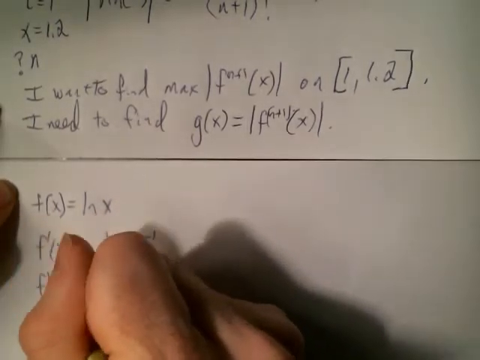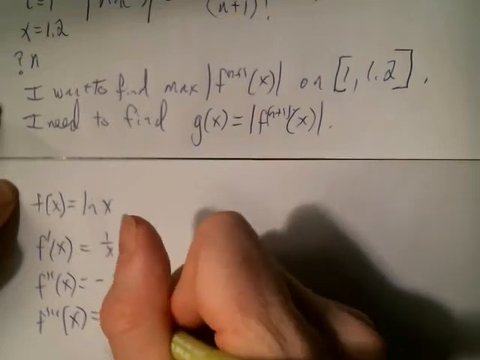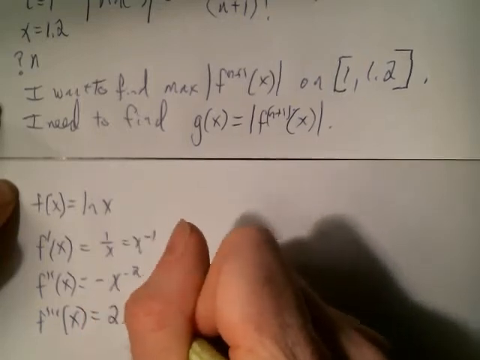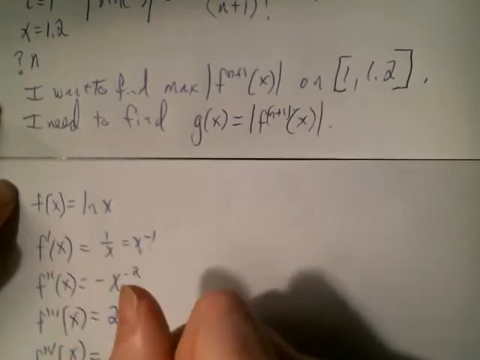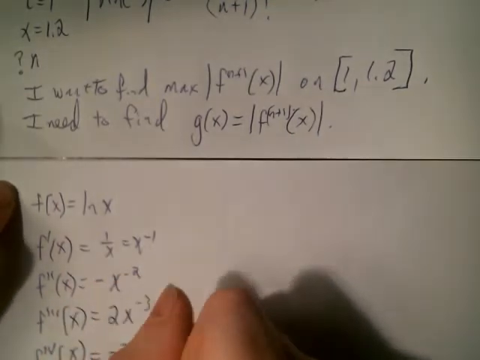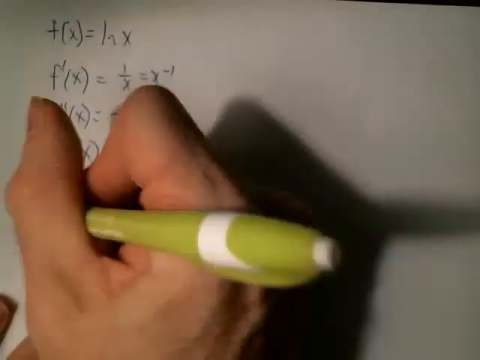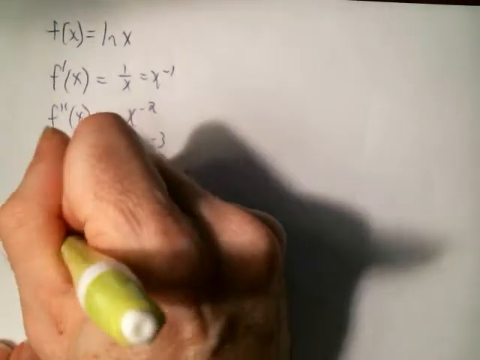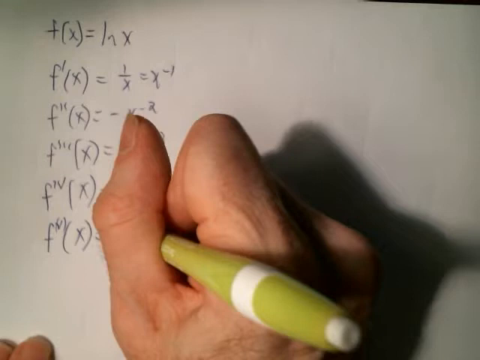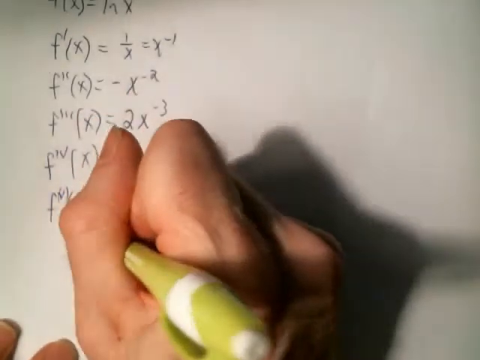F triple prime of x is going to be, bring down the negative 2 now, so you get 2x to the negative 3, and then the fourth derivative is, and I'm going to write negative 3 factorial x to the negative 4. Okay? So I think the pattern will be more obvious then. The fifth derivative is going to be 4 factorial x to the negative 5. And then I think I see the pattern.